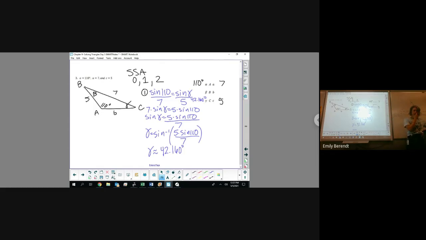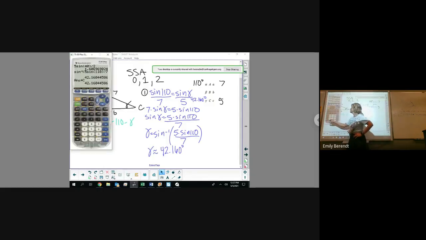And then to get the third angle of the triangle, that's step 2. It was 180 minus 110 minus our gamma. And make sure that you store that value to B. So 27.840 is your rounded value.